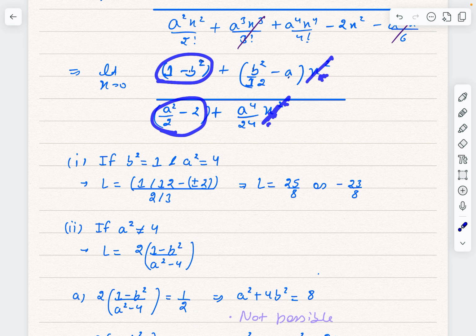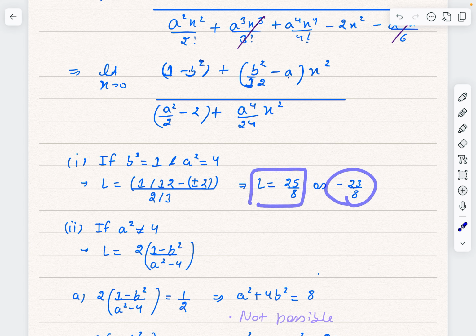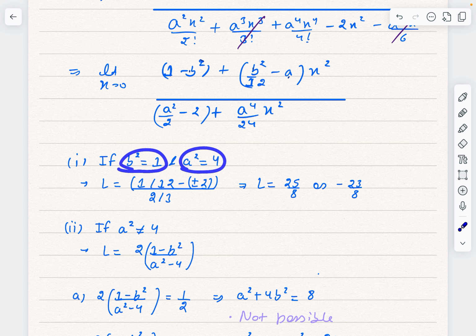So this and this will cancel out, and the limit will come out to be (b²/12 minus a) by a⁴/24. B² is 1, so you get 1/12, and a will become plus or minus 2. So 1/12 minus (plus or minus 2) divided by 2/3, because a⁴ is 16. When you solve, you get L as 25/8 or −23/8. That is the first scenario, when b² is 1 and a² is 4.